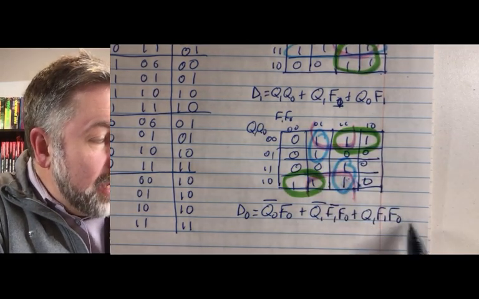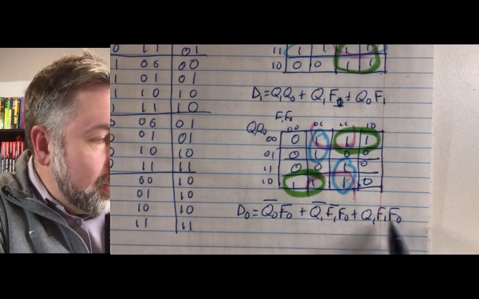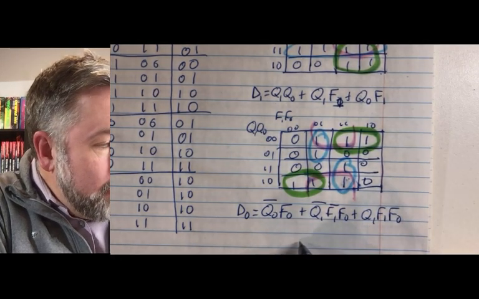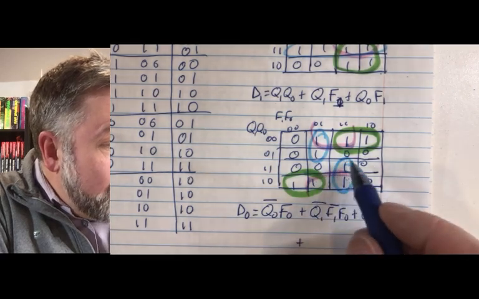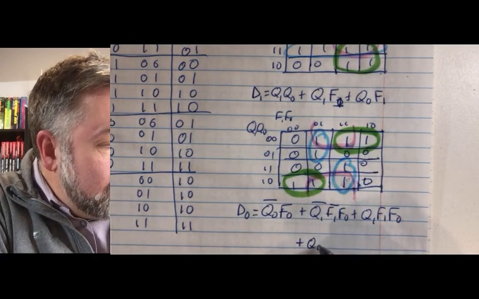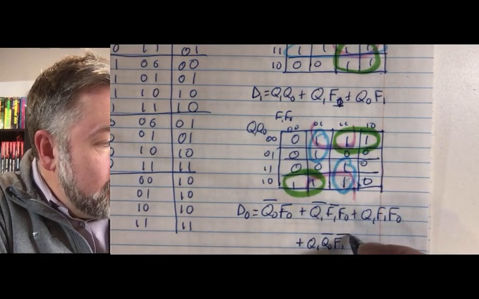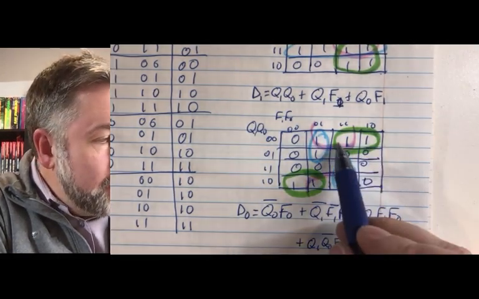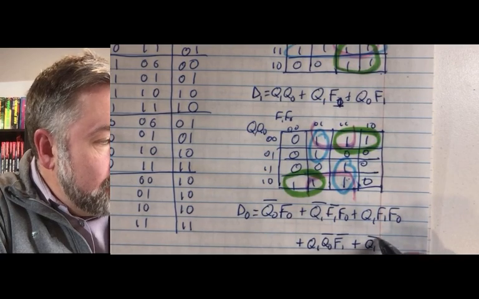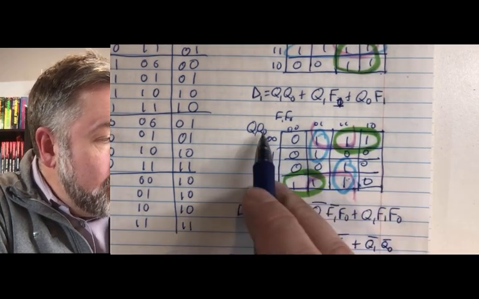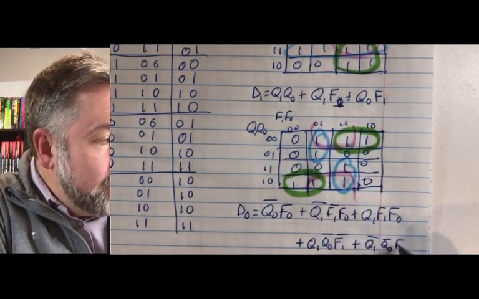And you can already see how that's going to give us an exclusive OR. I'll leave a space for that one. Or Q1, Q0 bar, F1 bar, or, and then this one here is Q1 bar, Q0 bar, F1.